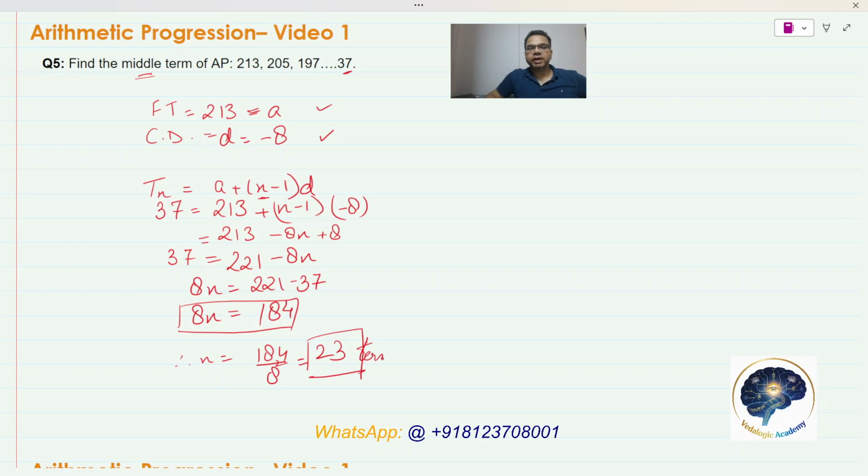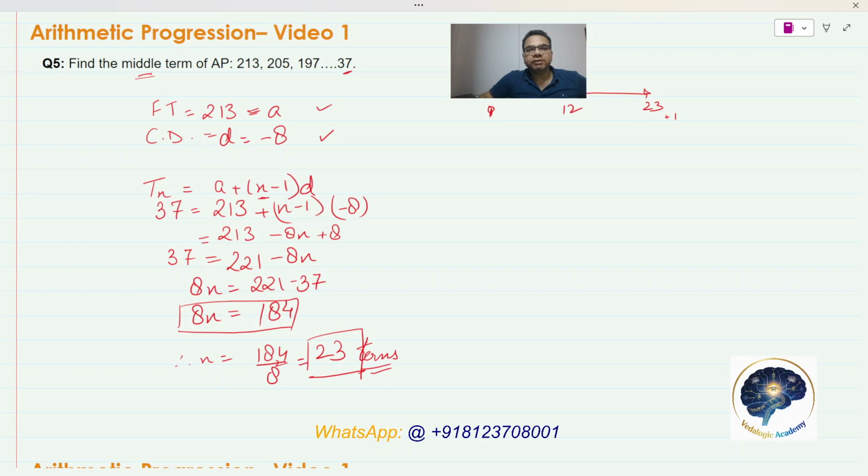So we have found out the length of the AP. Now I am going to check the middle term. When you have 23 terms, how do I find out the middle term here? I'll add 1 to it: 23 plus 1 is 24, by 2, which will give me 12 here.